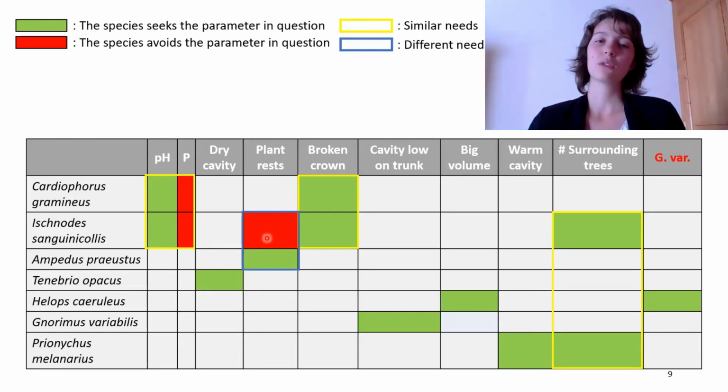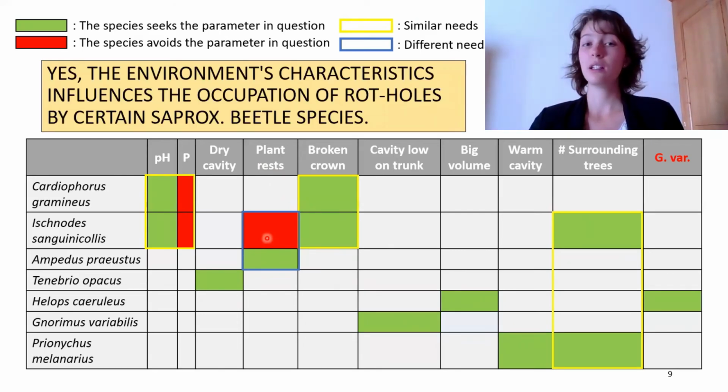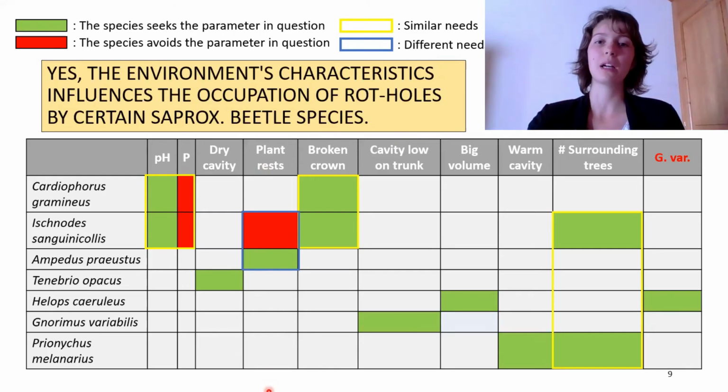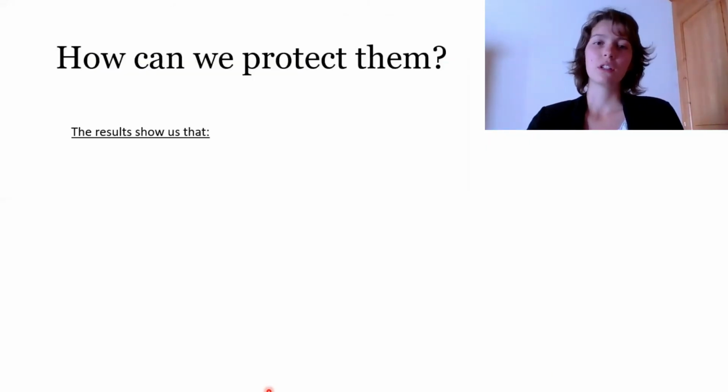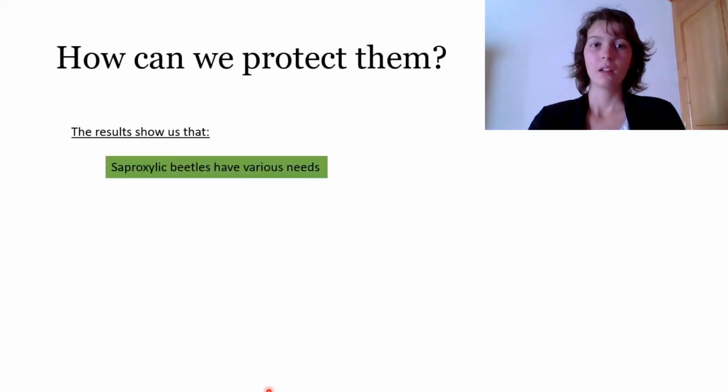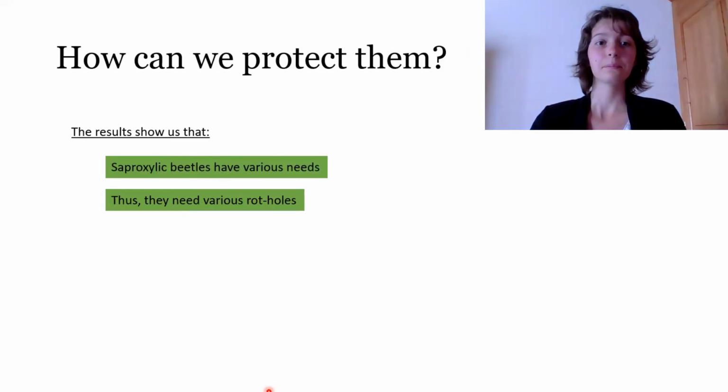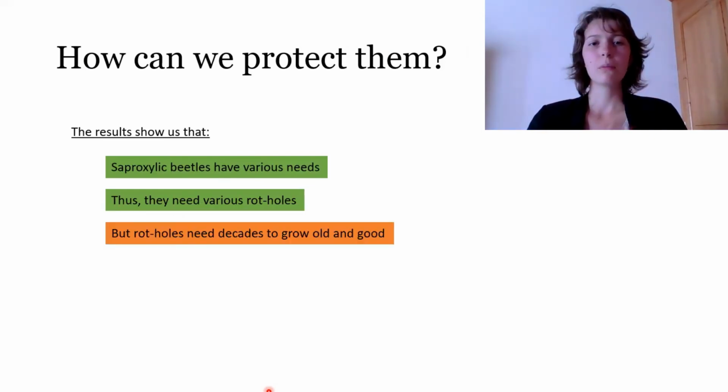So we can now answer the research question, as we clearly proved that the environment's characteristics influences the occupation of rot holes by certain saproxylic beetles. From our results, we can conclude that saproxylic beetles have various needs. Thus, they also need rot holes with various characteristics. But we can remember that rot holes need decades to develop.